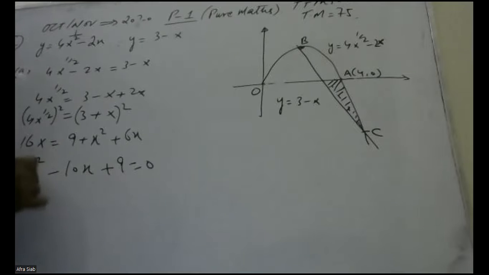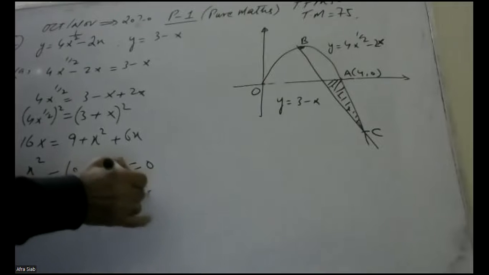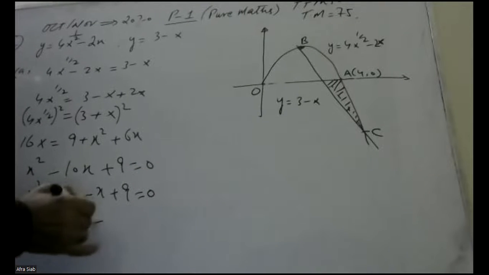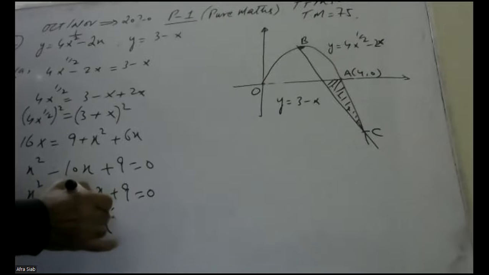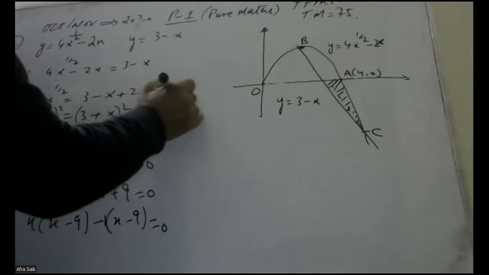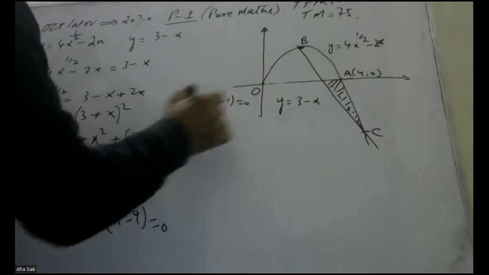If we factorize this, x squared minus 9x minus x plus 9 equals 0, then x is common, x minus 9 minus 1 is common, so x minus 9 into x minus 1 equals 0.